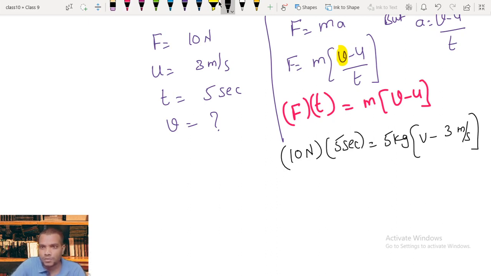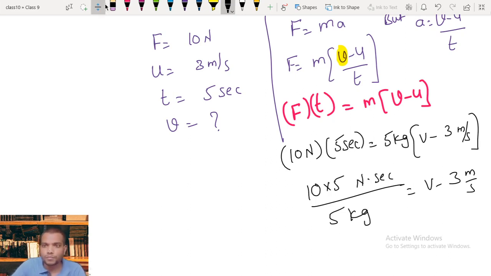Now in this case, if we multiply, 10 times 5 Newton second upon 5 kg. I bring this 5 kg downstairs, which equals v minus 3 meter per second. So don't get confused with the units.